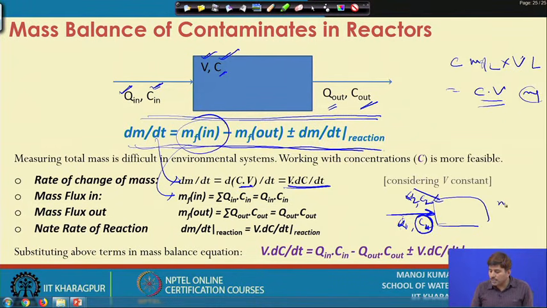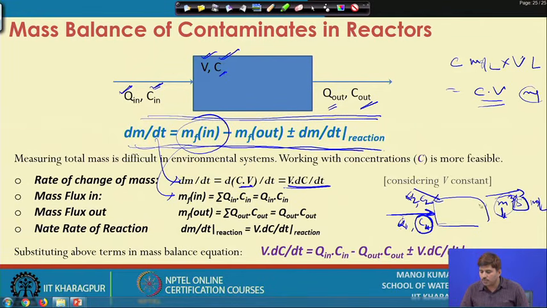So, let us say meter cube per second is our discharge, or meter cube per hour. So, in 1 unit time, in 1 second, how many meter cubes of water have entered the system, and what is the concentration of the contaminant in that water. Contaminant concentration will be milligram per liter.